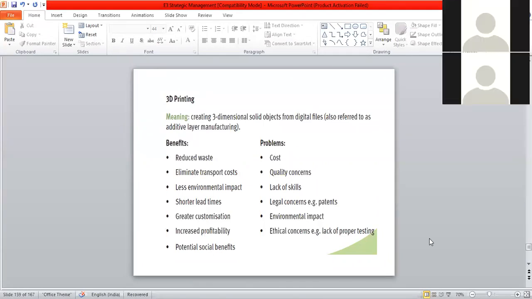So these benefits can be conveyed to the users in a better way. Time can be saved, and the requirements or facilities can be provided in a more customized way. Increased profitability and potential social benefits are there.